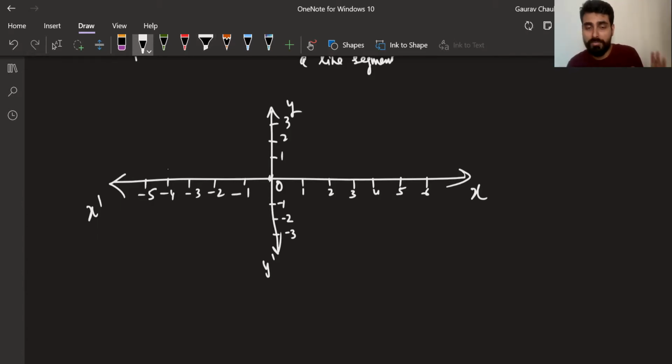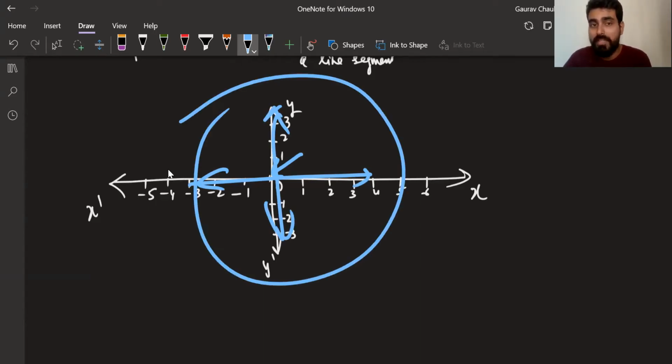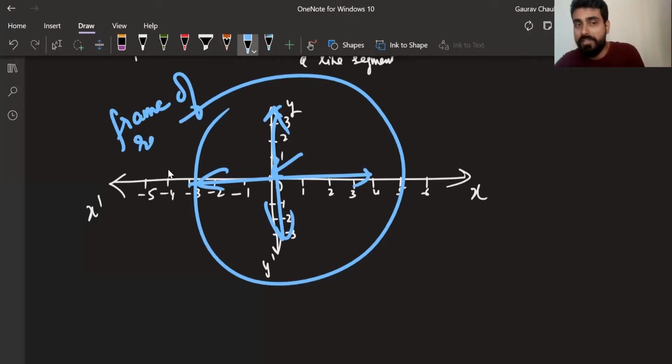Now, in this system on our screen, we have an origin and we have 2 directions of reference. This whole system, as you go higher up in physics and maths, especially in physics, you'll start calling a frame of reference. It's just extra information, not important for an exam.